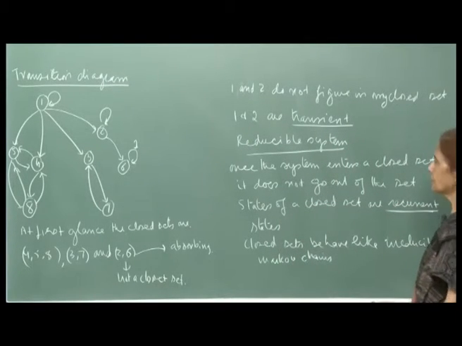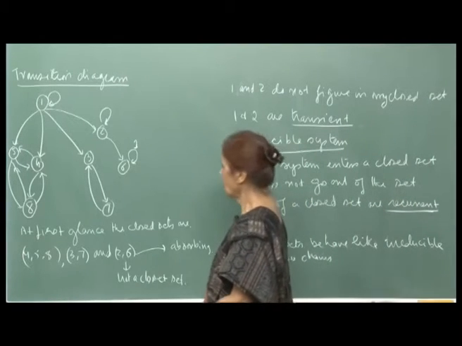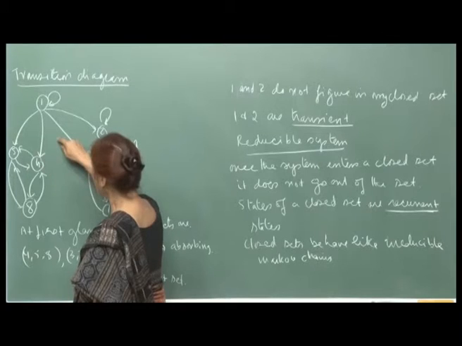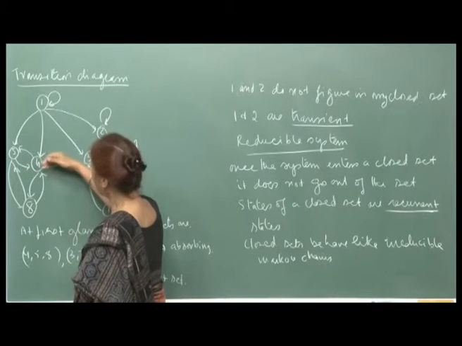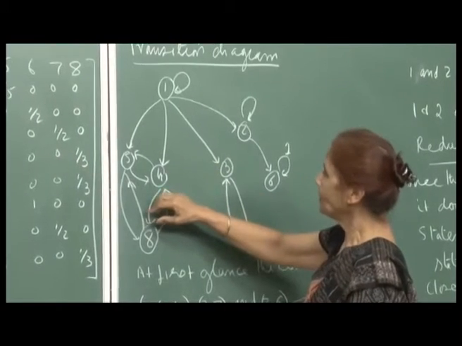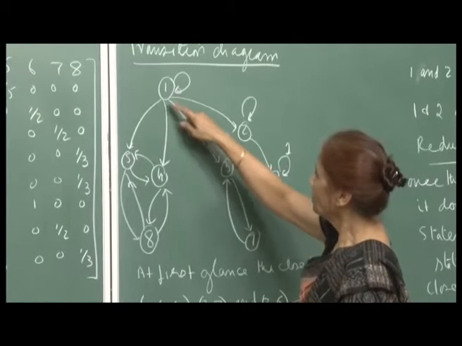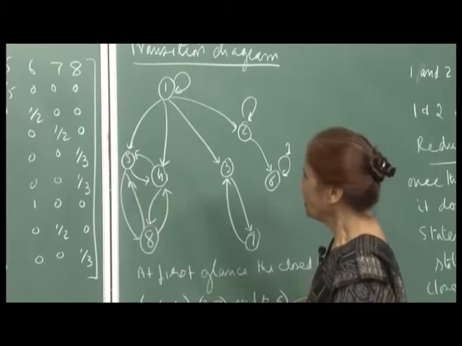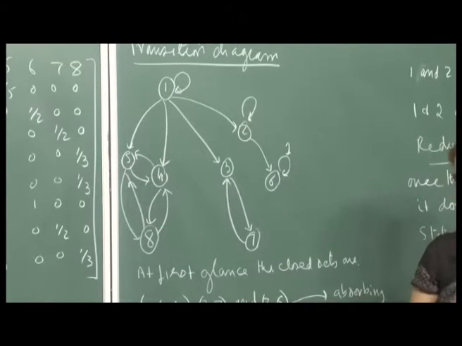The moment a system enters the closed set, there is no way of going out, because if 4 communicated with any other state, for example 1, then that would also become part of the closed set. That is not true. So, once you enter a closed set, you cannot get out of it.